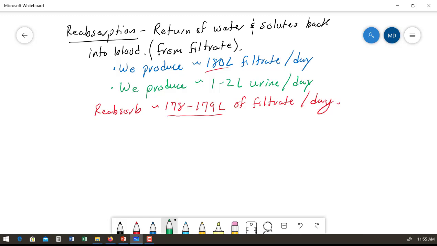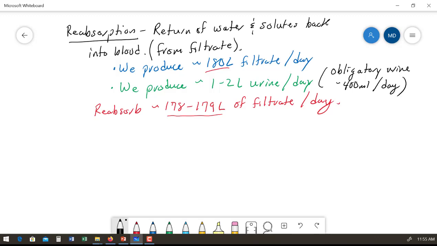Now, one other distinction that I want to make here is that your obligatory urine production is approximately 400 milliliters per day. Obligatory means that you have to produce it.